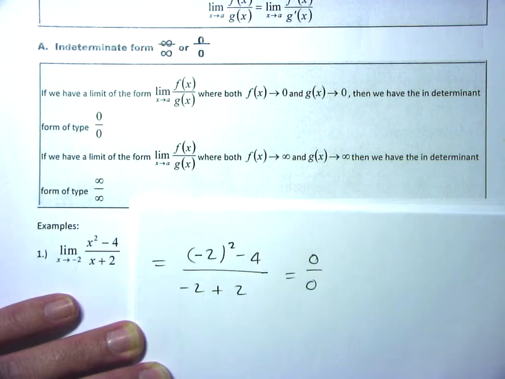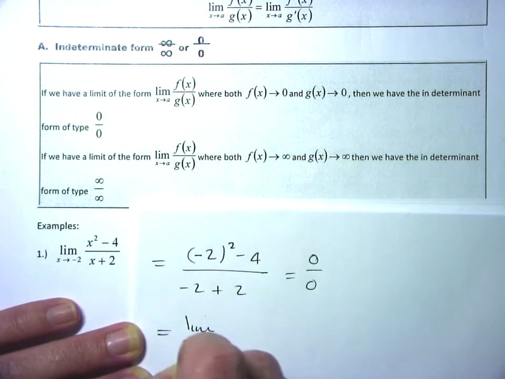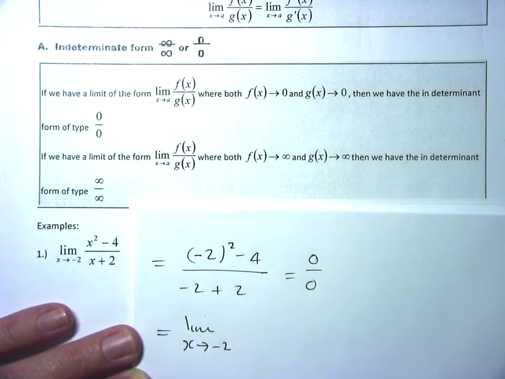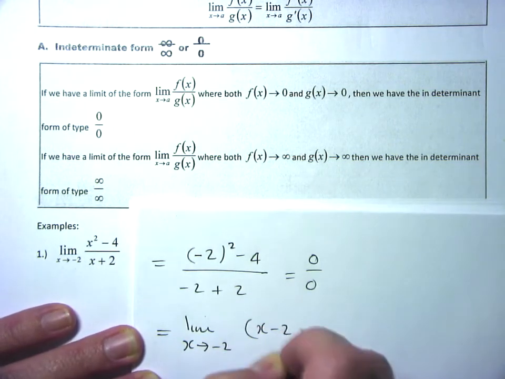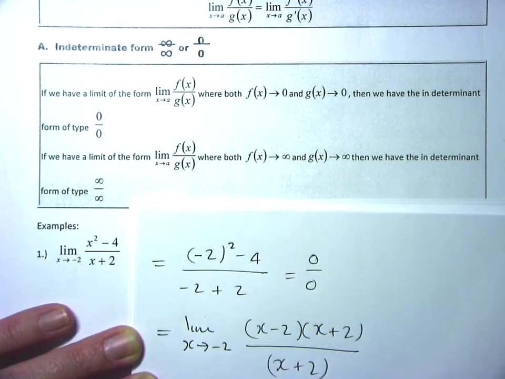So if it was 0 over 0, I would say, all right, let's take this limit and let's go ahead and factor. So x squared minus 4 can factor into x minus 2 times x plus 2, divided by x plus 2.